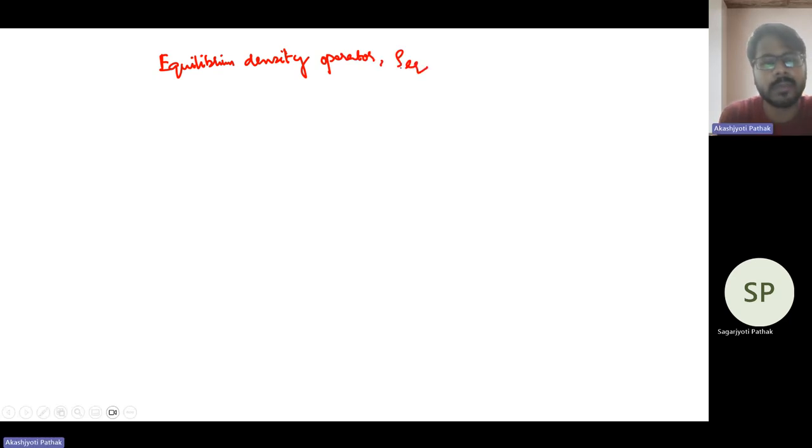So how do we get this equilibrium density operator?